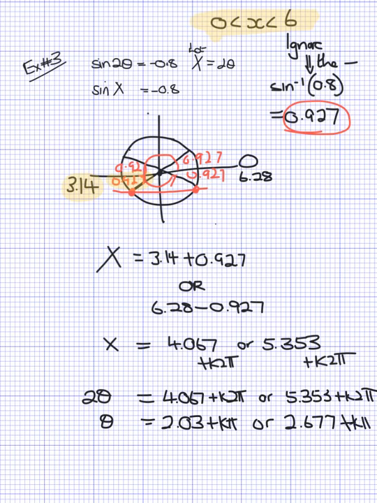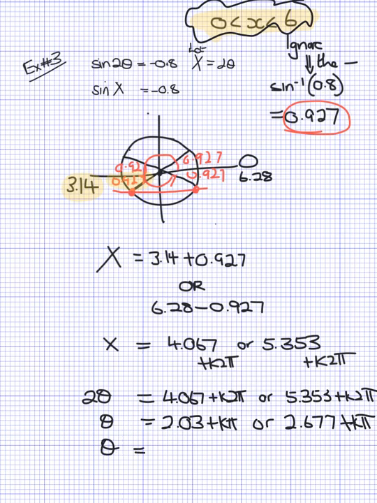Now when we add in k pi, we just have to remember that we've actually got this restriction on our domain, that 0 is less than x, which is less than 6. So we can't go any bigger than that. You can try, but you can't really go any bigger than 6. So I'm just going to add 3.14 because I'm adding k pi.